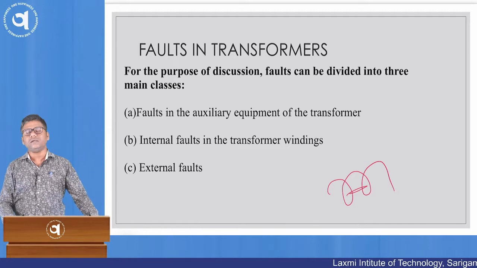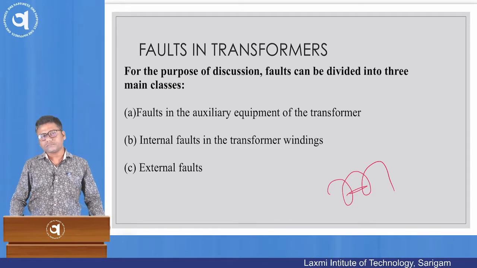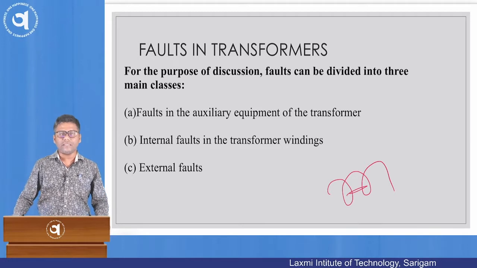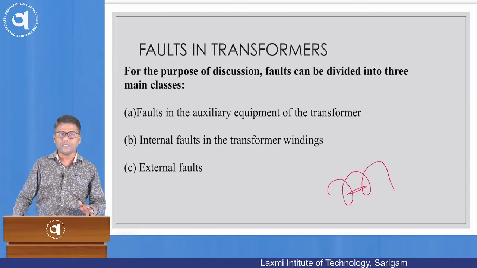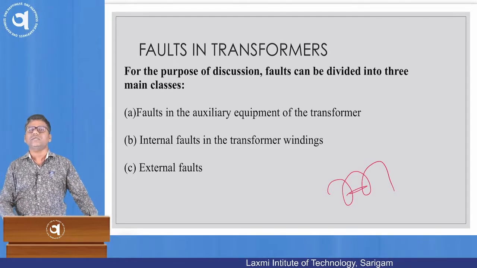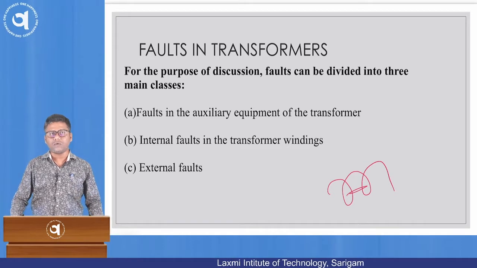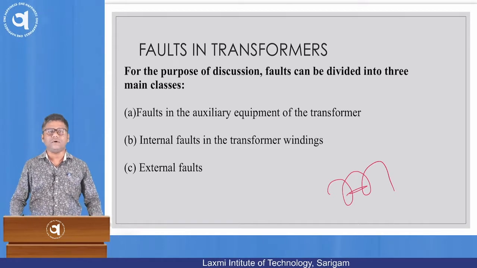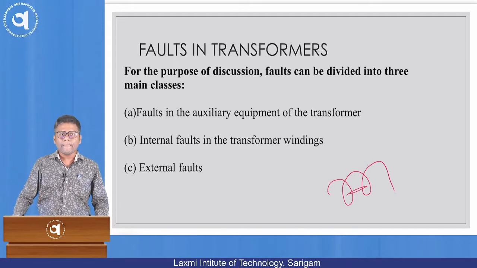Or it may be a fault between the winding and core, meaning that due to improper insulation or degradation in the insulation, the current passes through the core and to the ground. So, this kind of winding to core fault may also be there in the transformer.